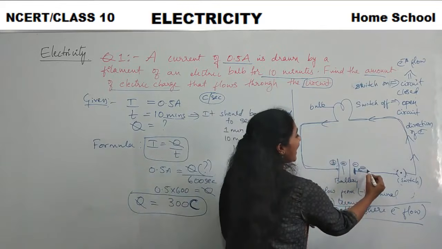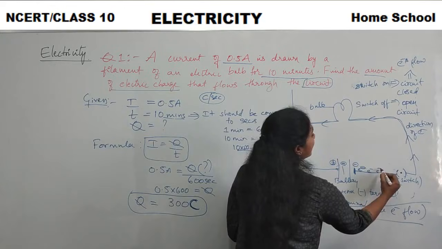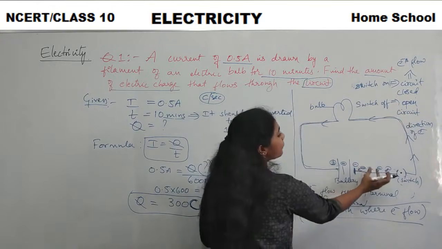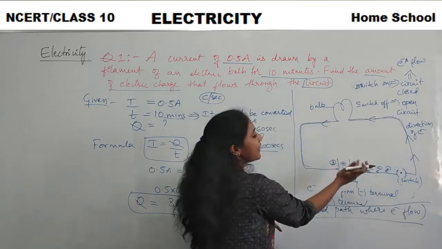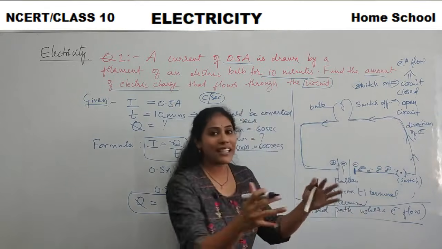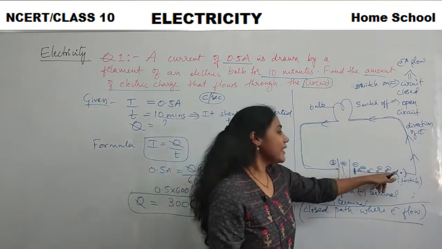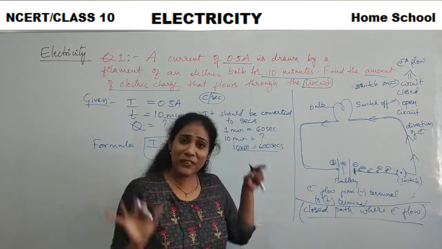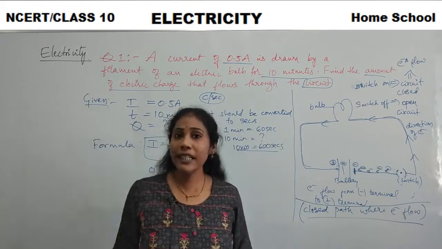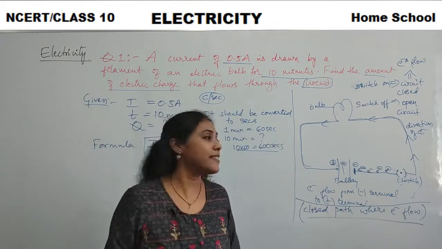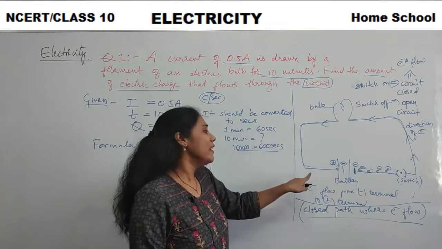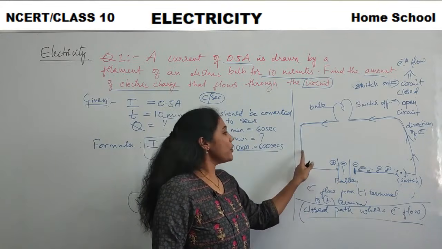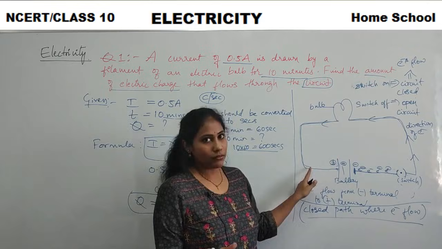When negative charge is flowing with a very high speed in a particular direction, a force is created, and that is electricity. So what is the direction of current or electricity? It is the direction of electrons only, no doubt. But conventionally, in older times, scientists thought that electric current is produced when positive charges flow.